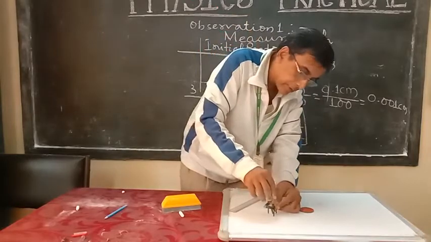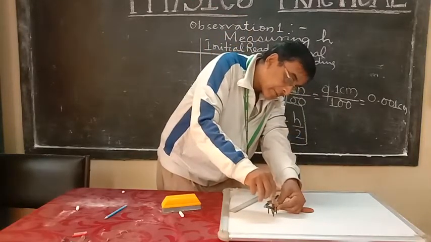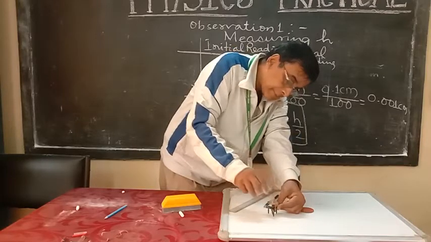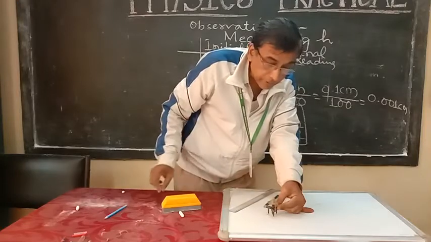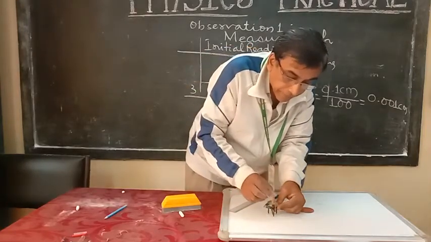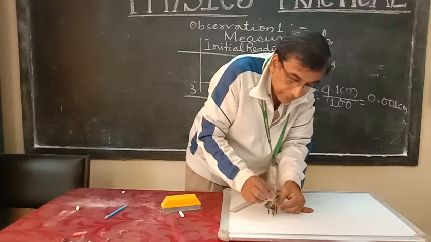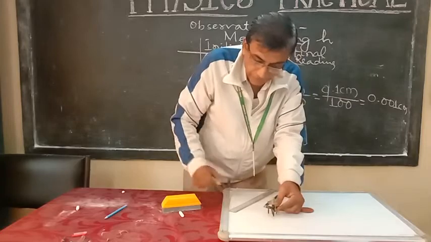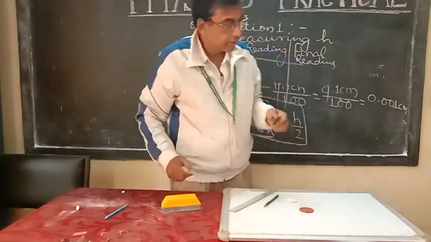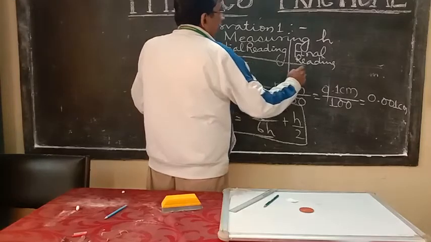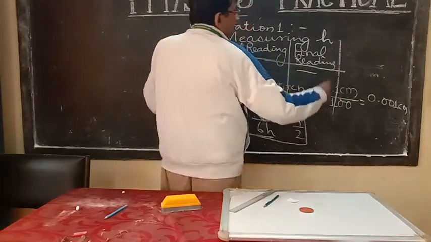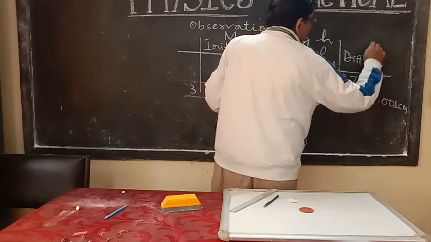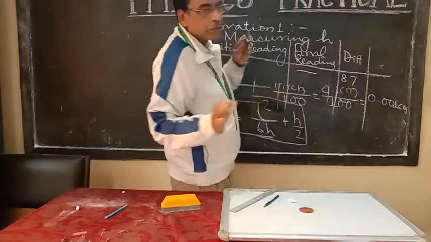You can use a glass slab also, or I can use the plane surface here, because I am using a plain board. Now I have observed that it is rotating by 87 readings. Initial and final, and the difference is 87 readings.